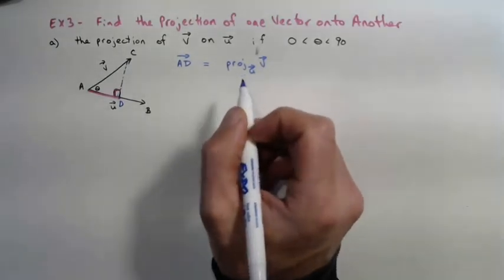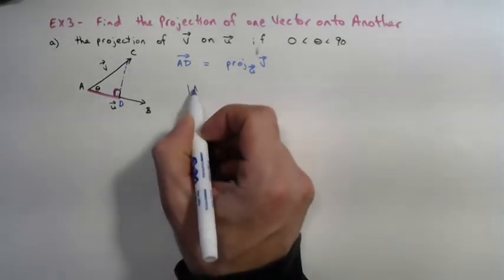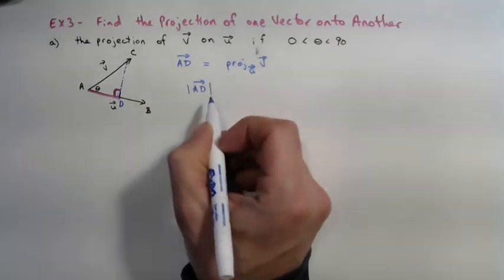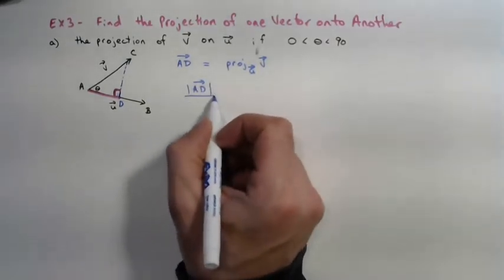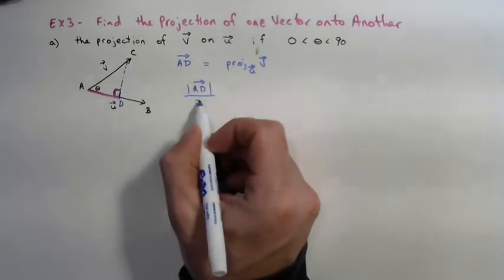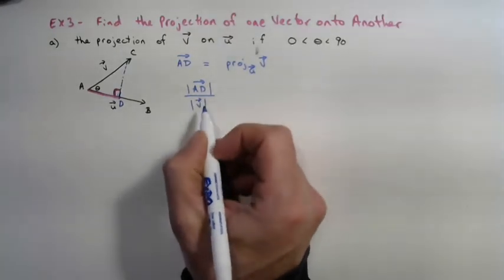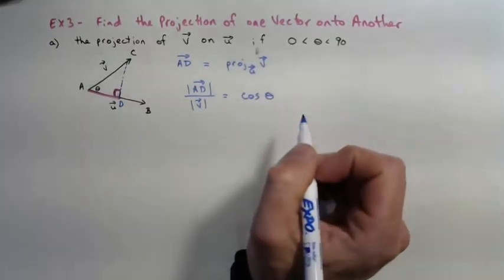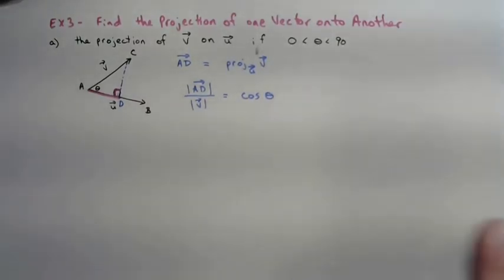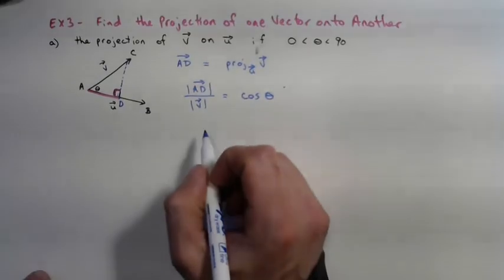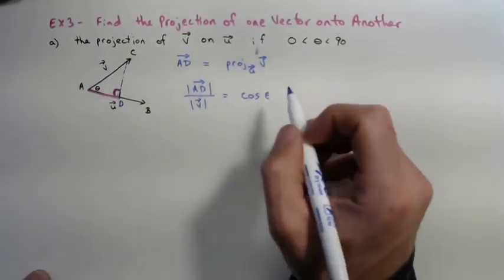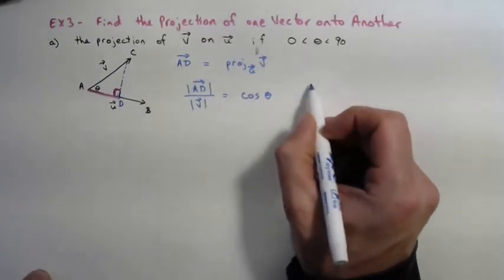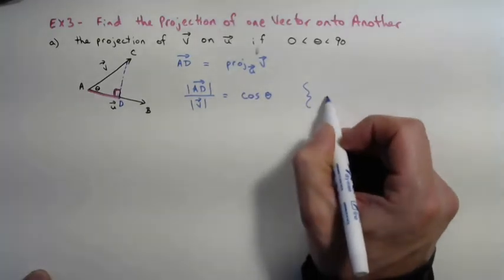So from the triangle, what do we see? Well, we see the magnitude of vector AD over the magnitude of vector V is equal to the cosine of theta. Well, how did we know that, Mr. V? It's just SOHCAHTOA.